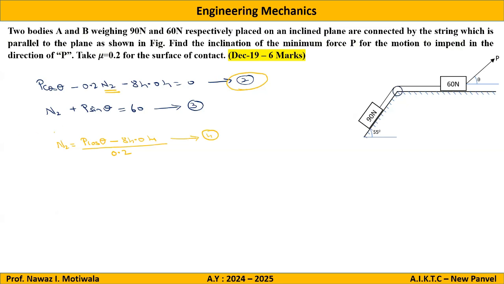Now I will put this value of N2 in this equation, so that I have an equation only in terms of P and theta. So I will get (P cos theta minus 84.04) divided by 0.2 plus P sin theta is equal to 60.